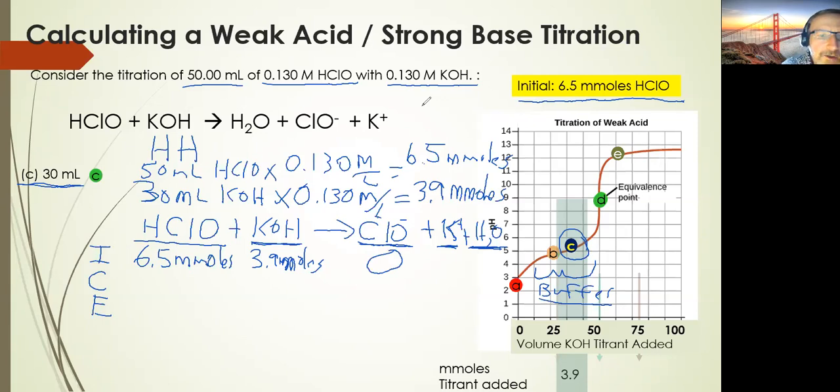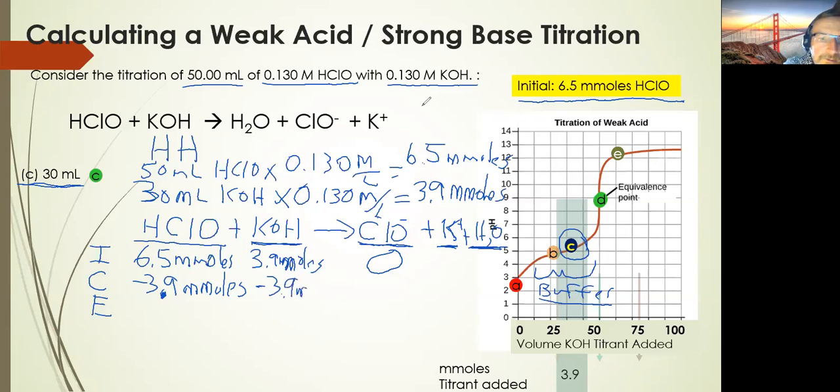Now the change that occurs here is the HClO is going to react with that 3.9 millimoles. And so the change is going to be a minus 3.9 millimoles. The KOH is going to disappear, right? Because it's going to completely react with that acid. That's a strong base.